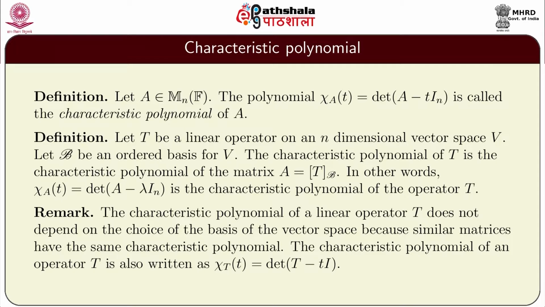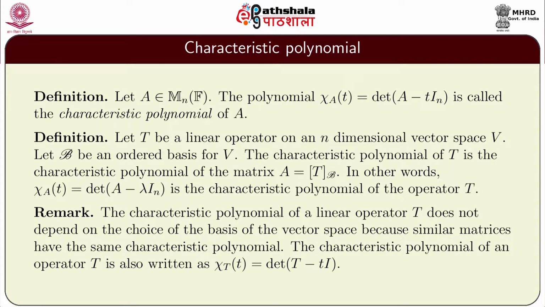But then we can ask, what if we take a different basis B for the vector space V? That is, is the definition of the characteristic polynomial of the linear operator T dependent on the choice of basis?